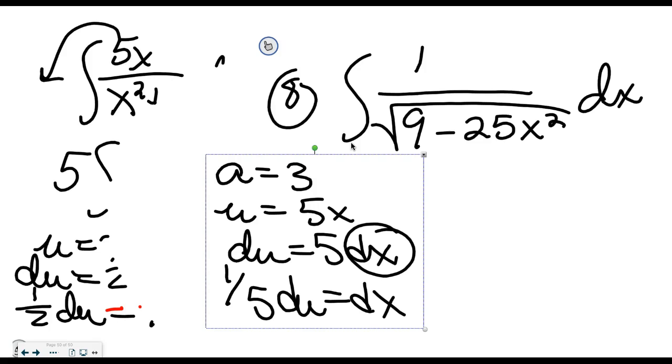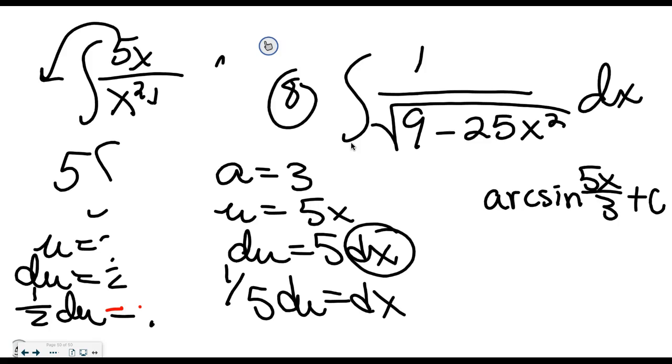But when you do your arcsine of u over a plus c, you've got to be a little careful, because that's 1 over the square root of a squared minus u squared dx. dx is a fifth du, not just du. So what should be in front of mine? 1/5. That scares me, but it probably won't happen.